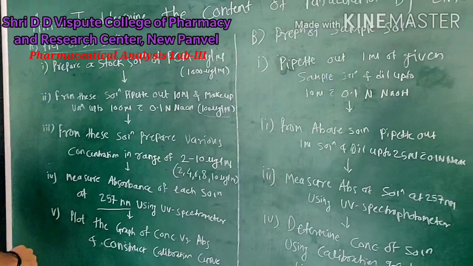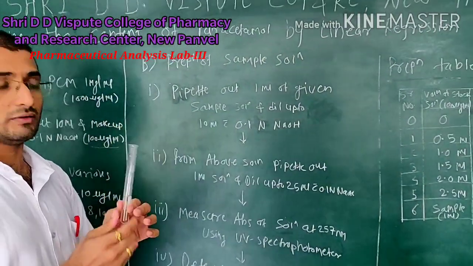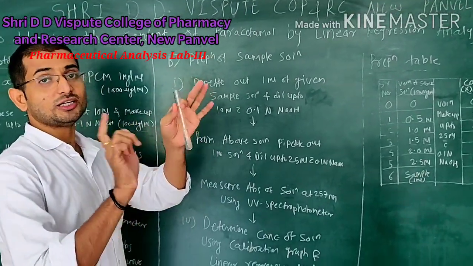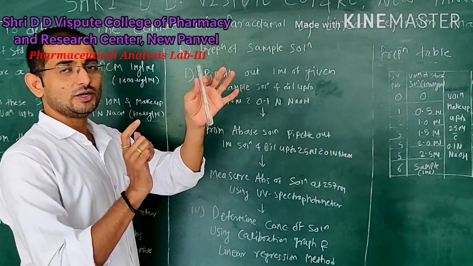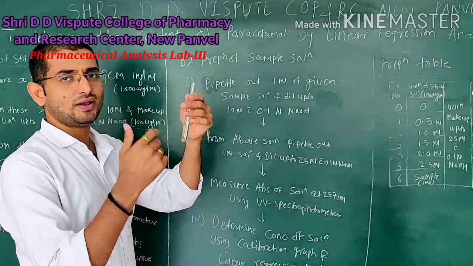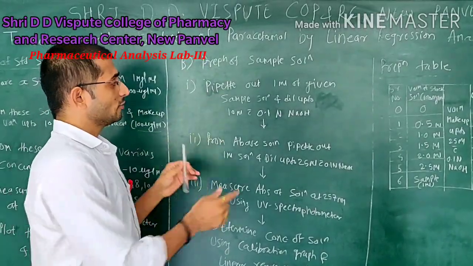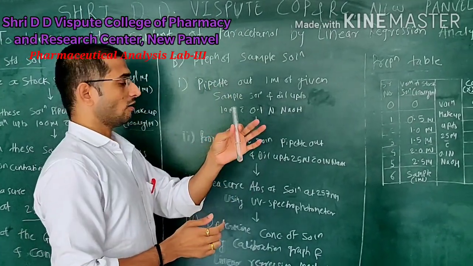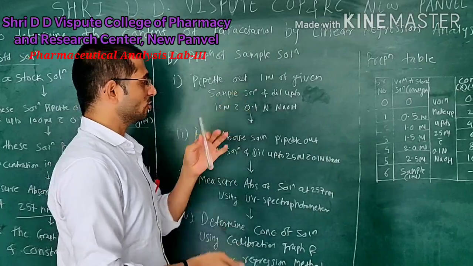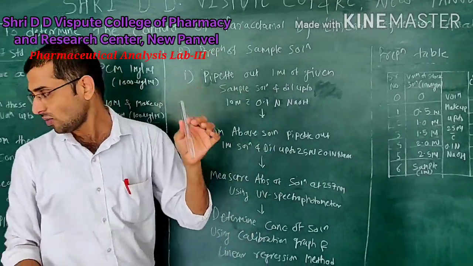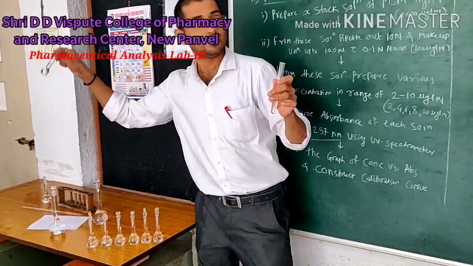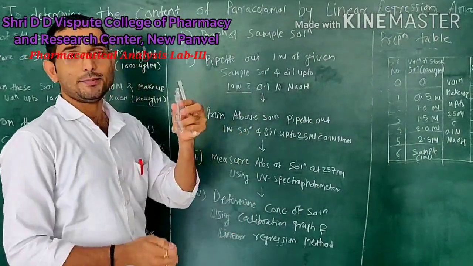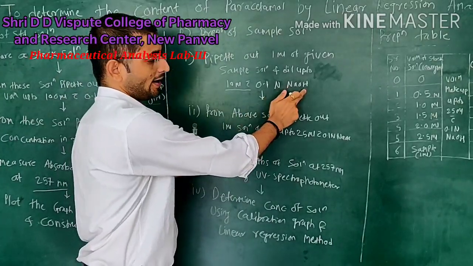Now next, preparation of the sample solution. The sample solution is already given to you in a test tube. The quantity of the solution does not matter, whether 1 liter, 2 liter, 1 ml, 10 ml or 50 ml. As per the procedure, take 1 ml of the given sample solution and dilute up to 10 ml with 0.1 normal NaOH.